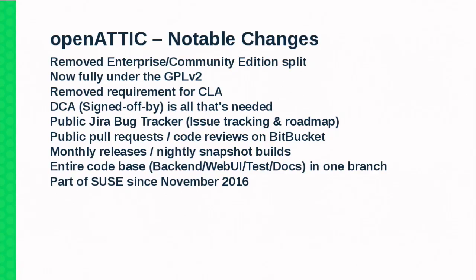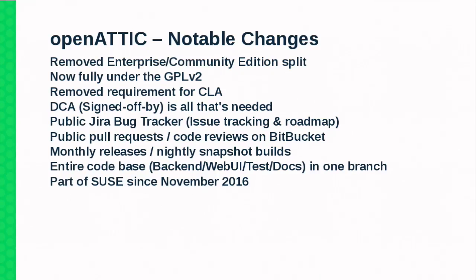And after we've made that change, we could really notice that there was an uptake in the community and there was growth, and users started really getting more interested in openATTIC as a project. And we've also now received a number of contributions with a much more simplified process. We couldn't get fully rid of some formalities here, but we've adapted a process which is called the Developer Certificate of Origin.